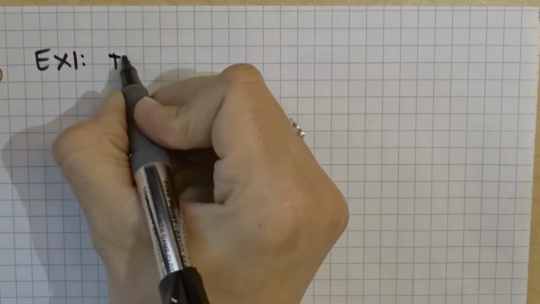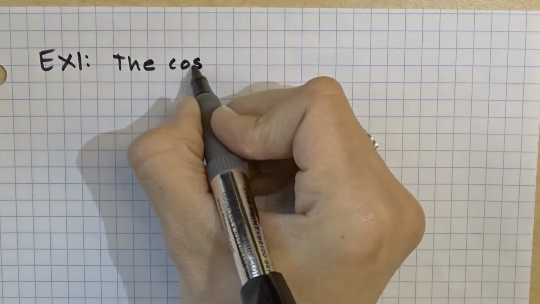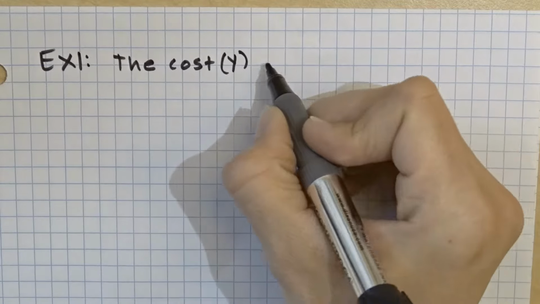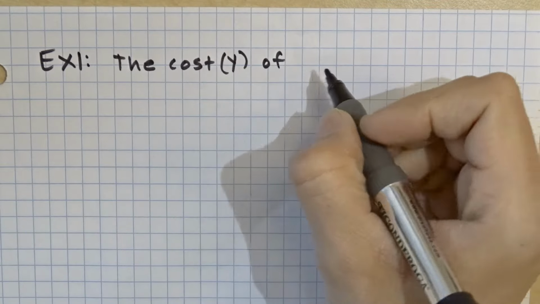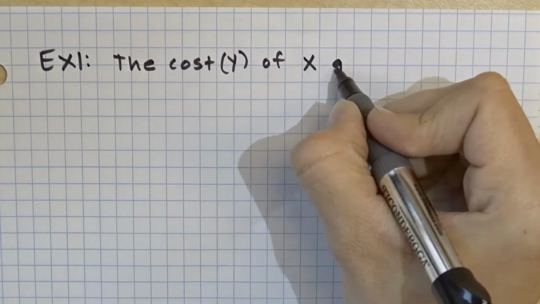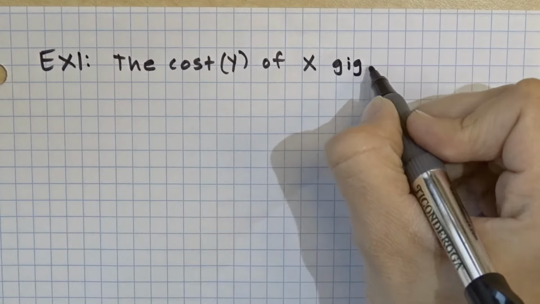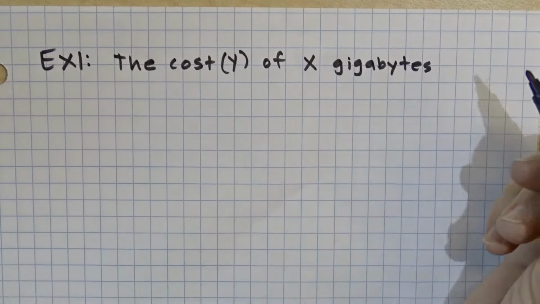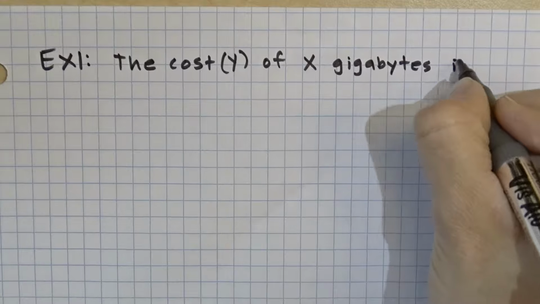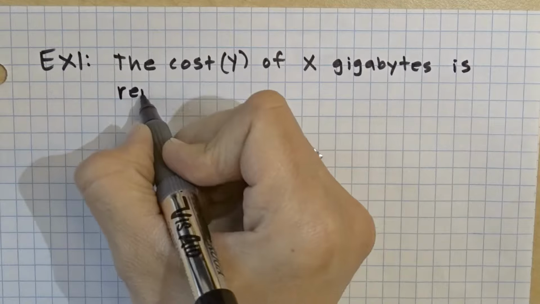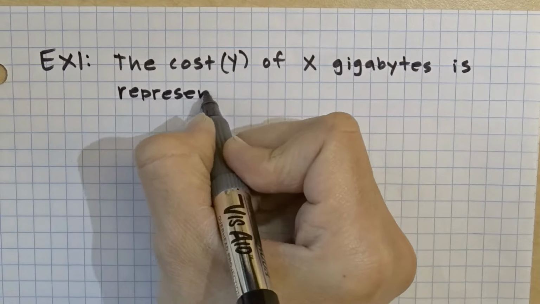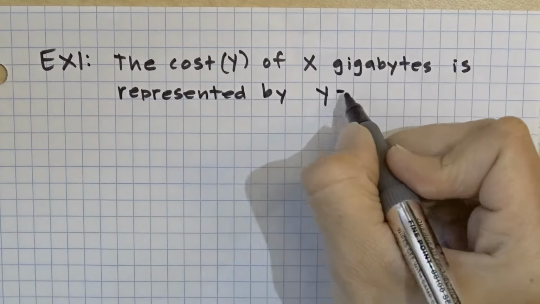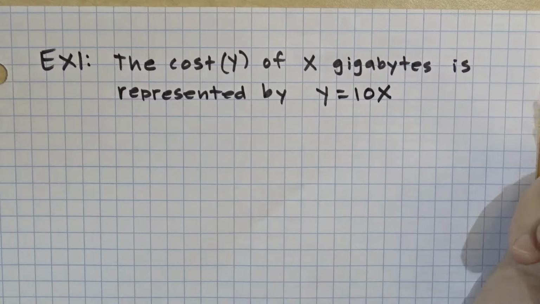The cost y of x gigabytes is represented by the equation y equals 10x.